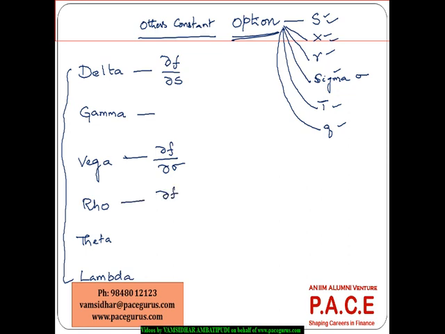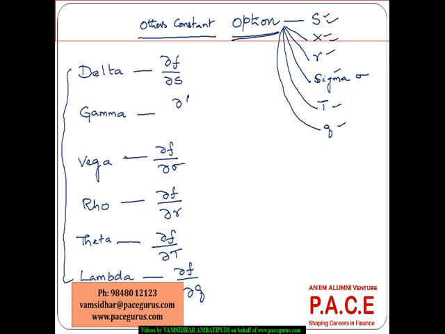Change in price of the derivative with respect to the change in the risk-free rate of return, rho. Change in price of the derivative with respect to time to maturity, theta. Change in price of the derivative with respect to the change in the continuous dividend that is getting declared, lambda.